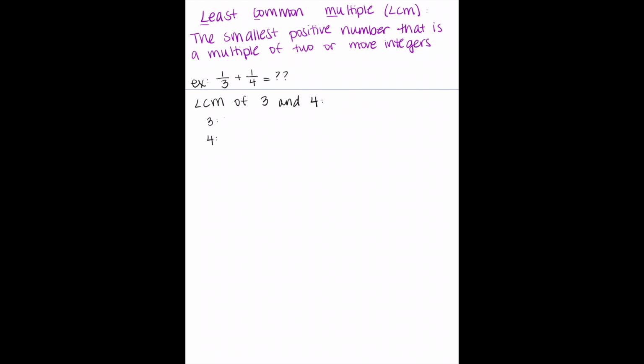So all we are going to do here is find the multiples of 3. So 3, 6, 9, 12, 15, and so on. We'll do the same for 4 as well. We have 4, 8, 12, 16, 20, and so on.